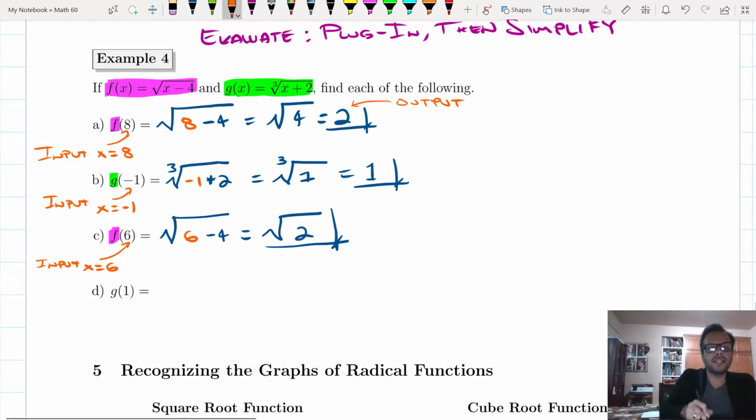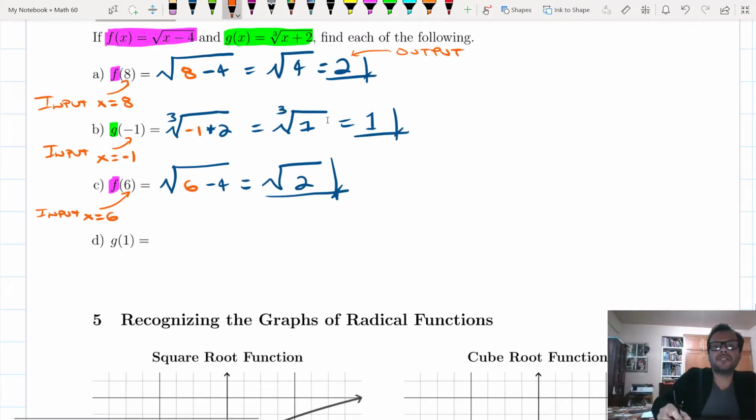Okay. Now, for letter D, they're asking us to evaluate g of 1. Okay, so in this case, the g is indicating that we are using the function in green, right? The one with the cube root. Okay, in which the input is x equals 1.